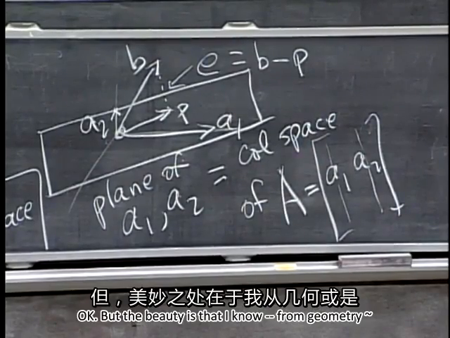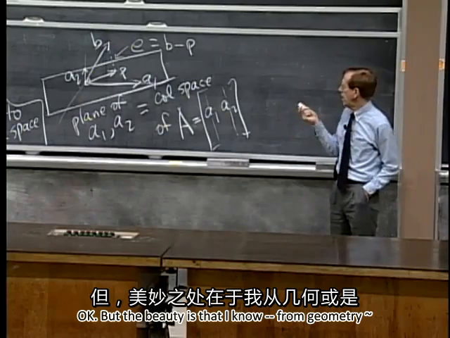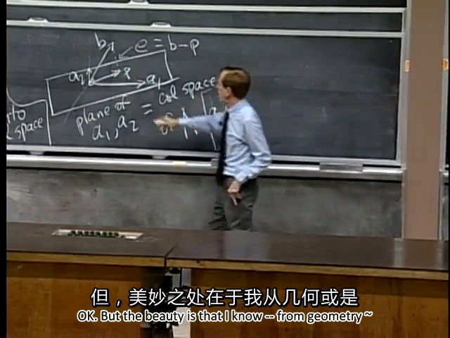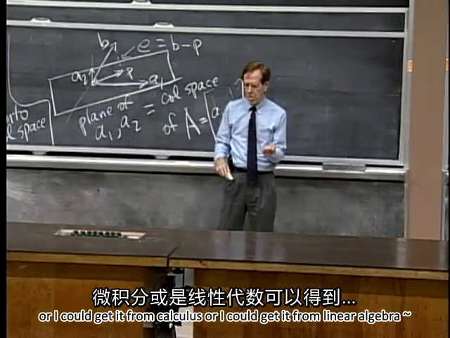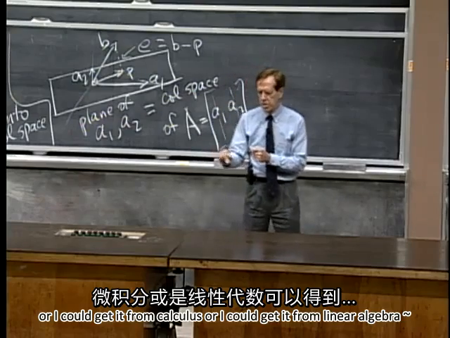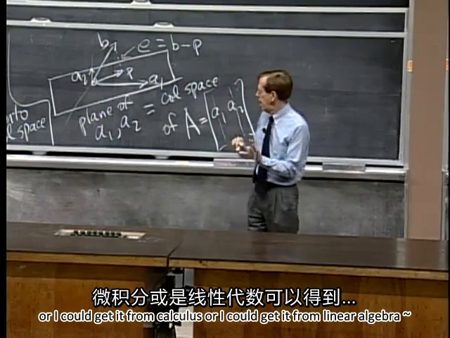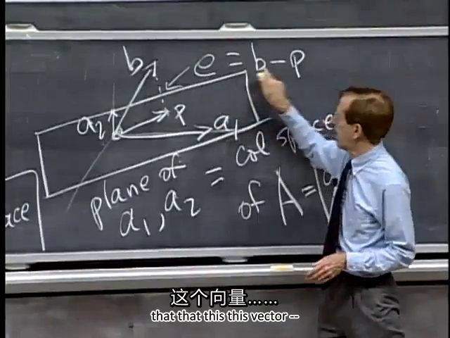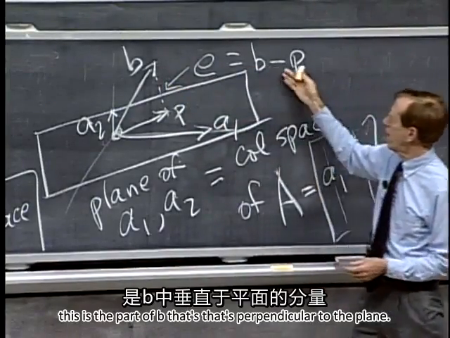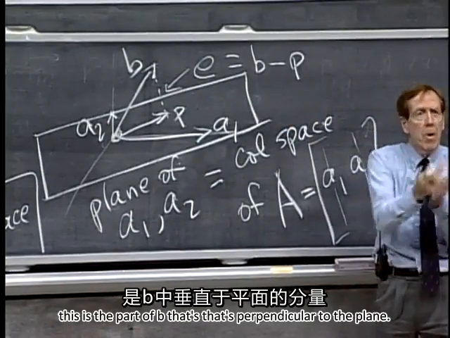Okay. But the beauty is that I know from geometry, or I could get it from calculus, or I could get it from linear algebra, that this vector, this is the part of B that's perpendicular to the plane.